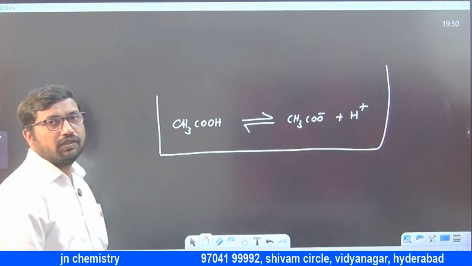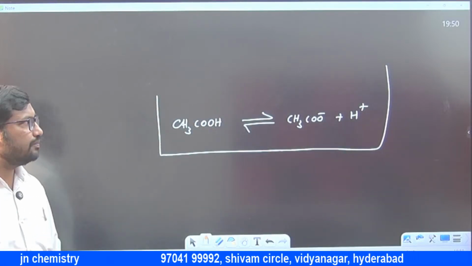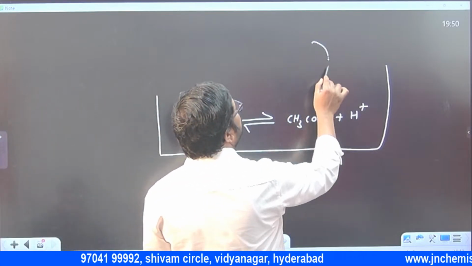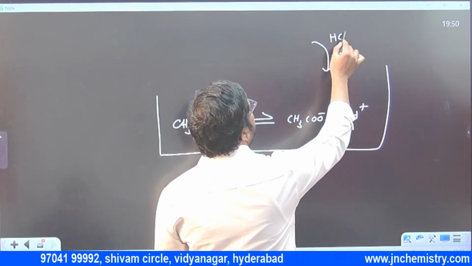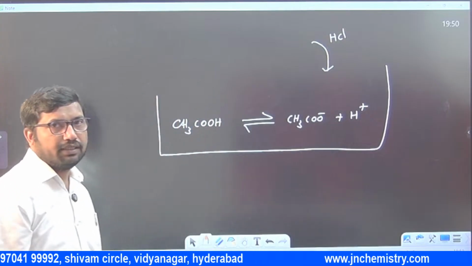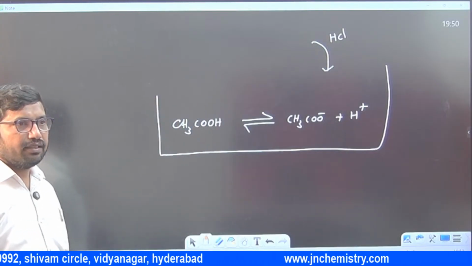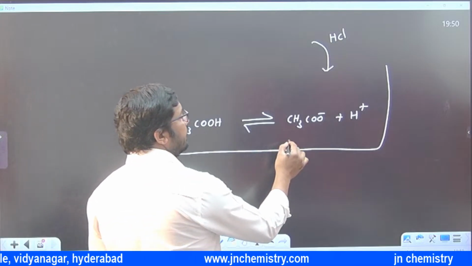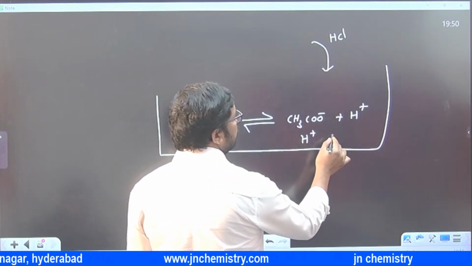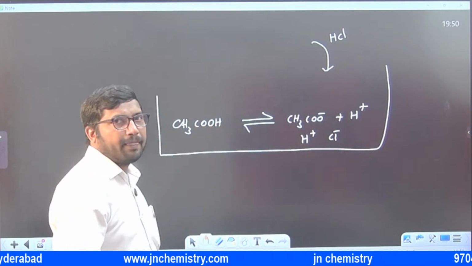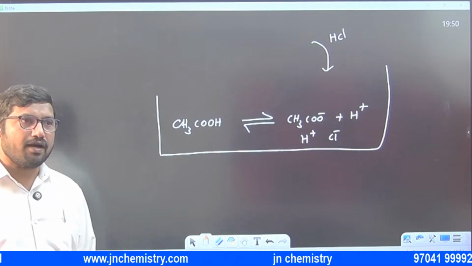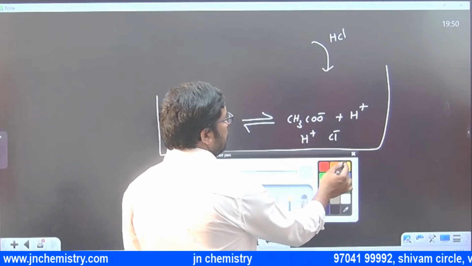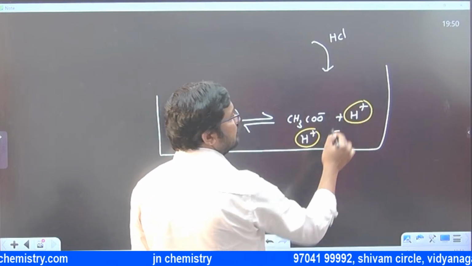Imagine now I am adding some small amount of HCl. HCl is a strong acid, so 100% dissociation takes place: H plus and Cl minus. Now one common ion is coming in. What is that common ion? H plus.